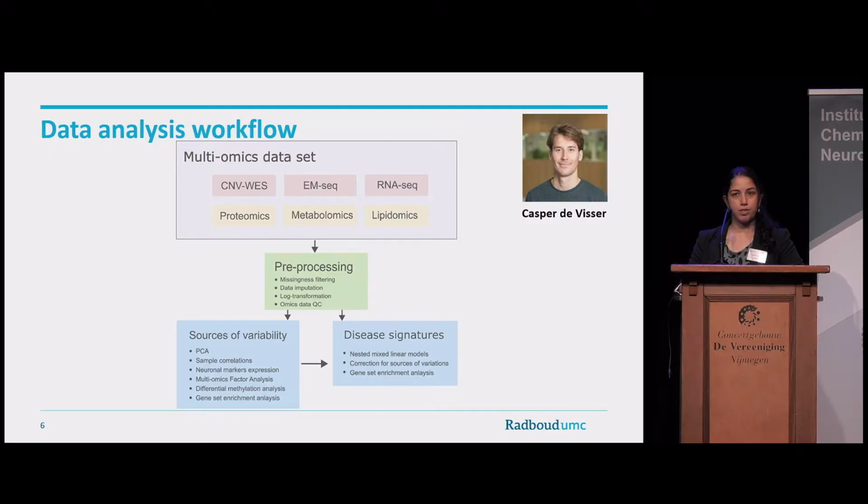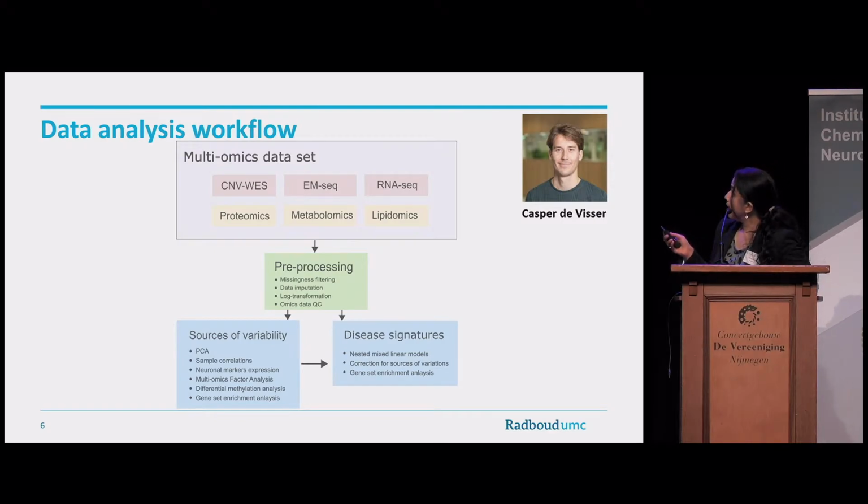Once that was corrected, we performed multi-omics data analysis. But the CNV data was not included any further in the data integration. It was just for quality check and to correct any mismatches.